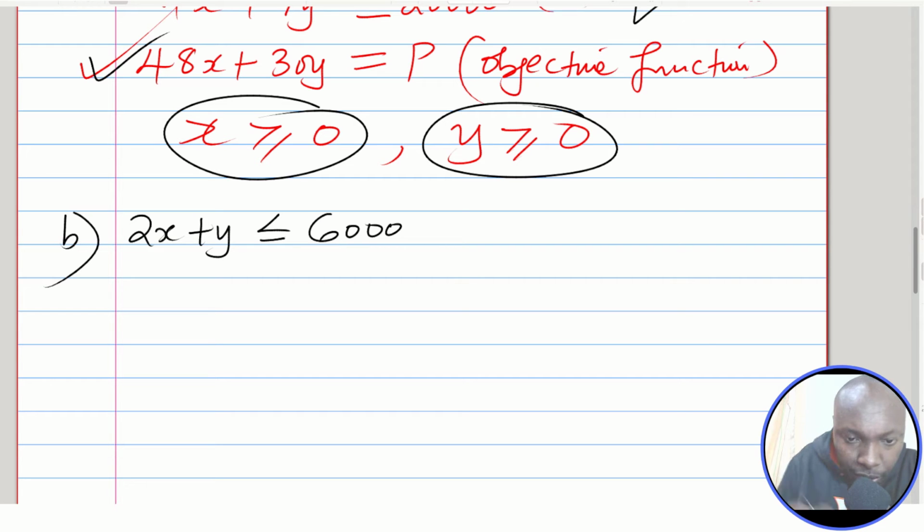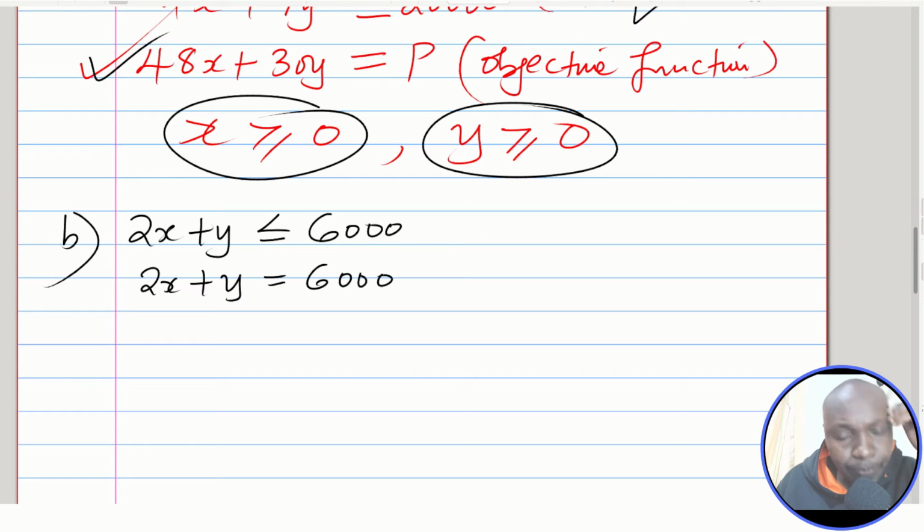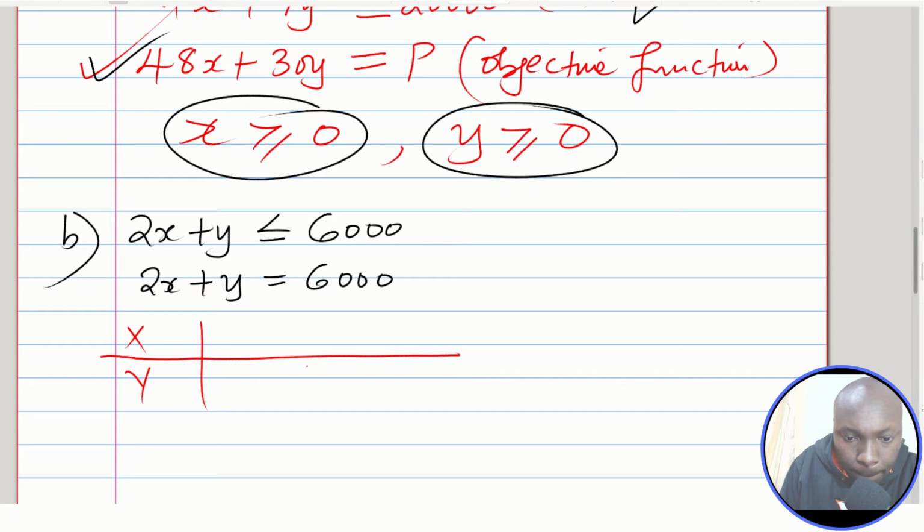So we just take this sign as equals, just treat that one as equal for the purposes of drawing the line. We replace the less than or equal to sign with an equal sign. Now we need at least 2 points to draw this line. 2 points would be enough.